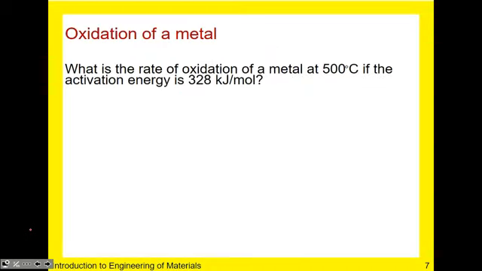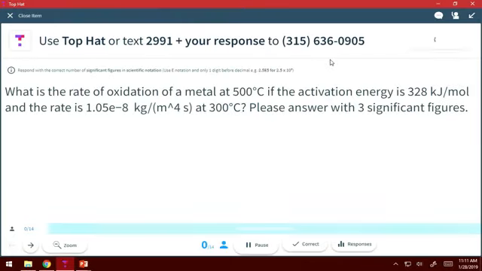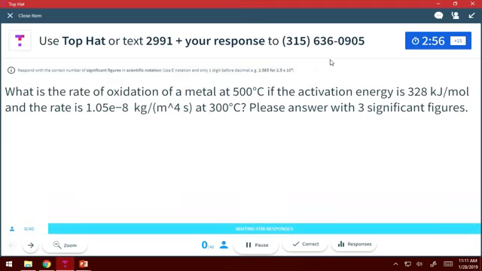Okay, so in the last 4 minutes, this will be a top hat question. So it asks, what is the rate of oxidation of a metal at 500 C if the activation energy is what we calculated, which is 328 kilojoules per mole?